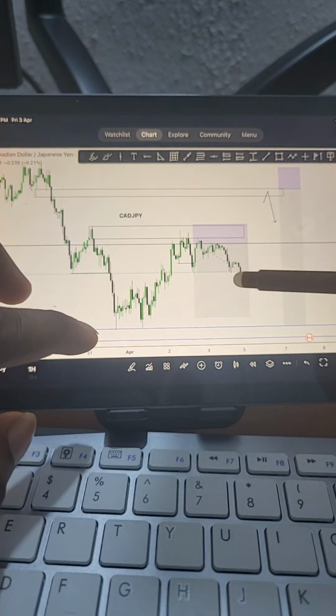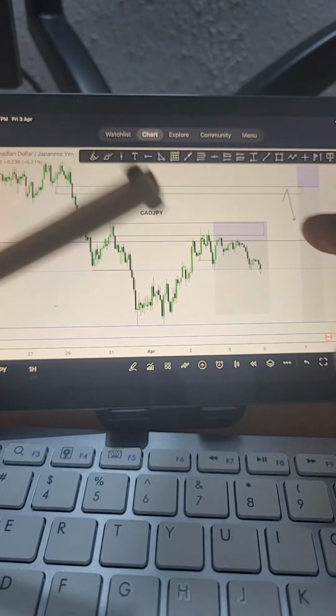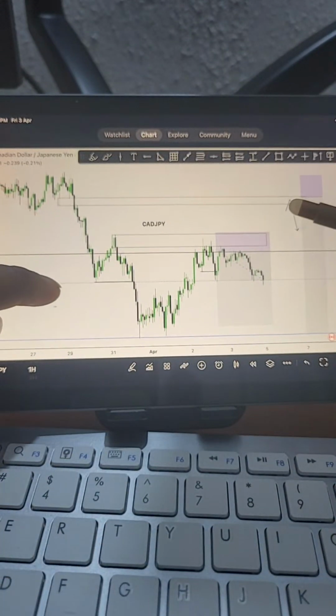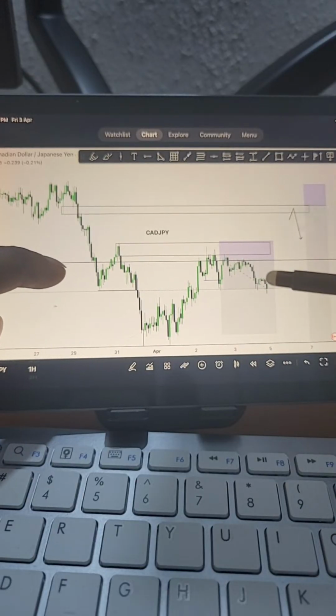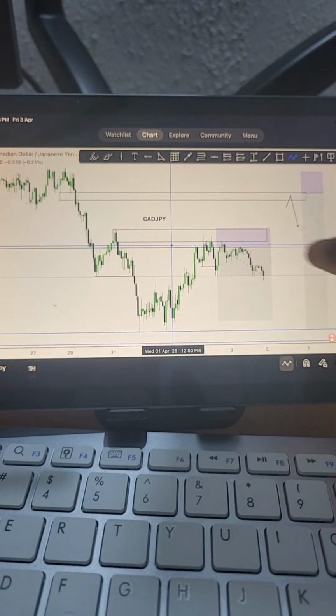I'm currently live on this trade you are seeing here. All right, so this is what I'm anticipating for price to do here.